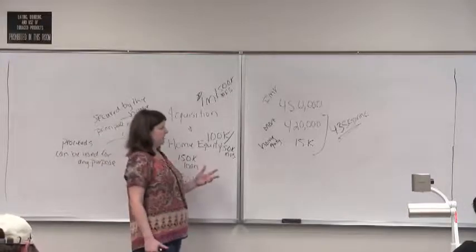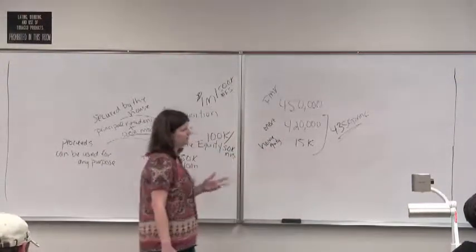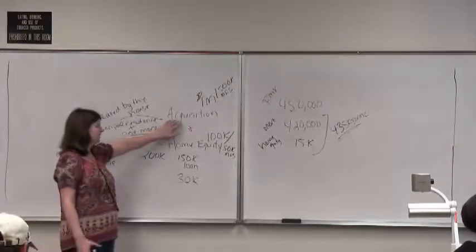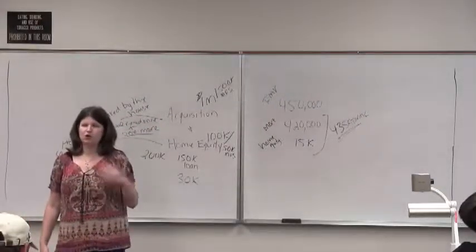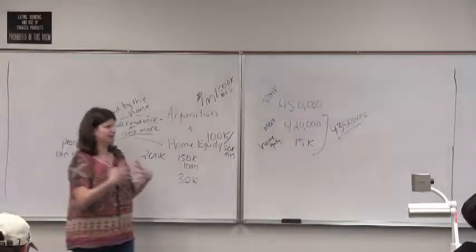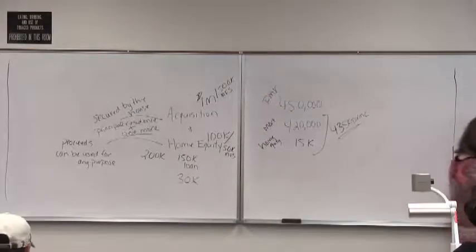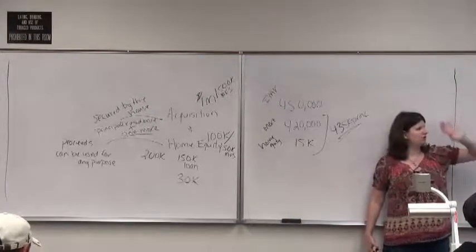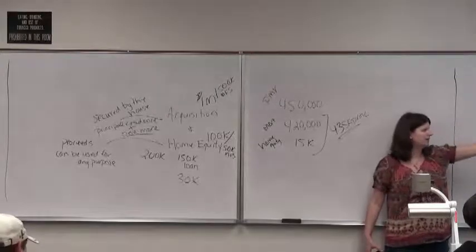So generally speaking, and these slides are a little bit backwards, honestly, if you are going to get a loan with acquisition indebtedness and you pay for points up front, you can deduct that all immediately. And that's actually on the next slide where it says you can deduct it all immediately. If you are paying for your mortgage on your principal house, you can deduct all of your points immediately.